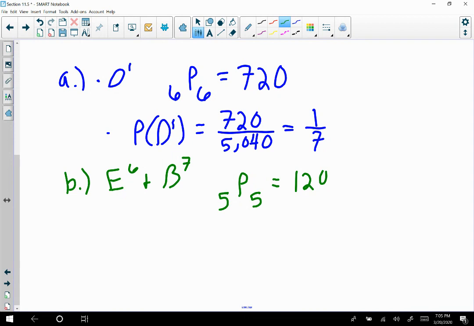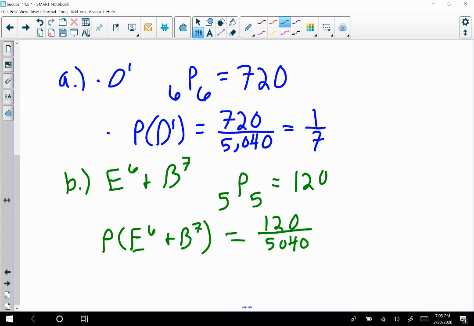So now if I want the probability of E going 6th and B going 7th, all we have to do is put the 120 over the 5,040, because all these are going to have that denominator, 5,040. That's not a decimal, that's a comma.